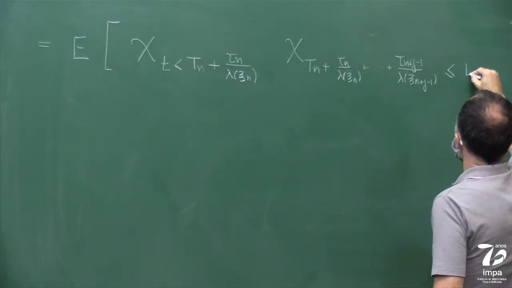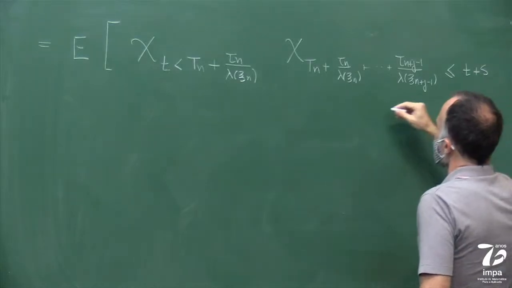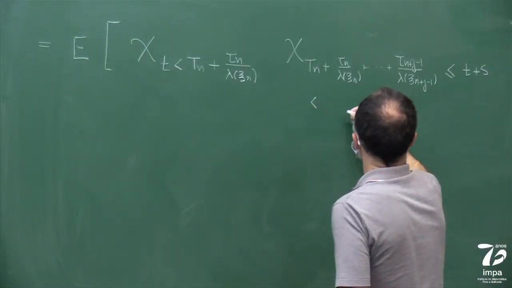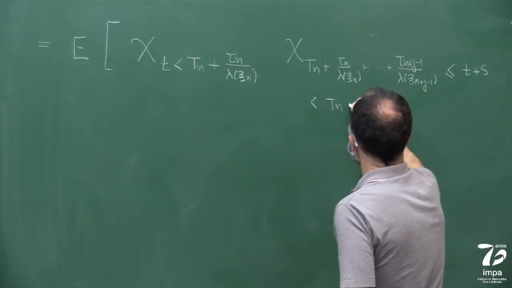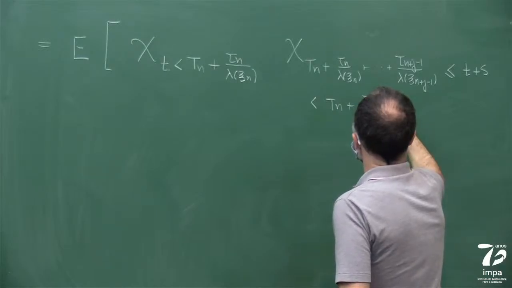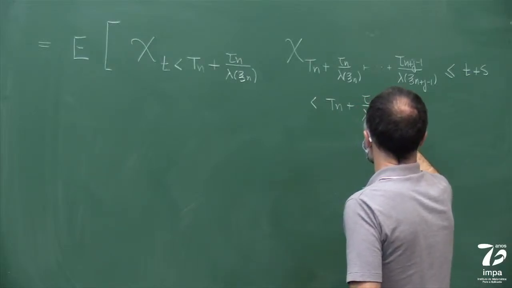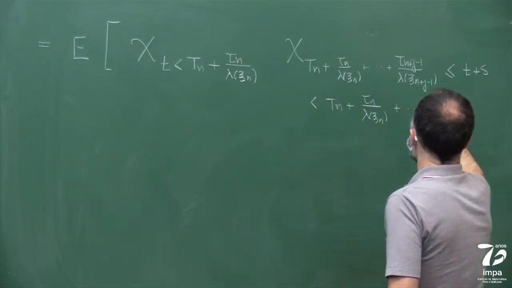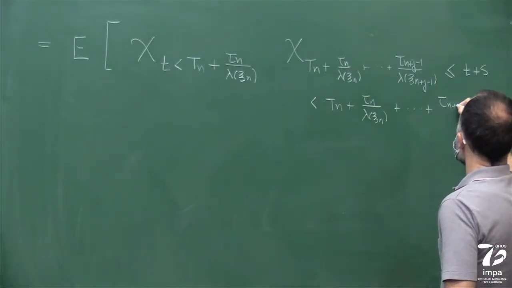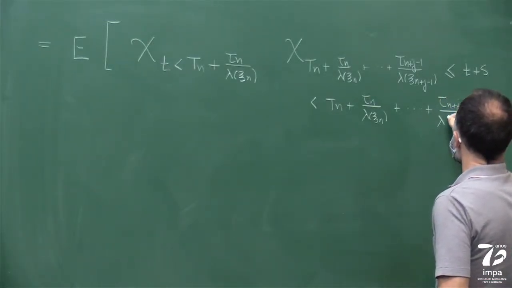This is less or equal than t plus s, and this is less than tau n over lambda psi n, and now I go up to tau n plus j over lambda psi n plus j.